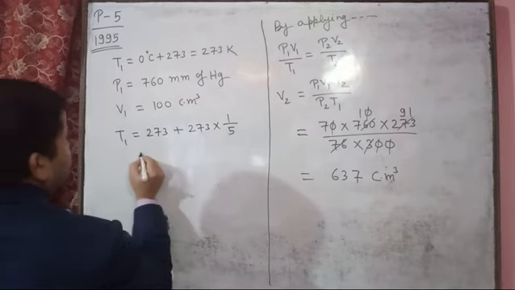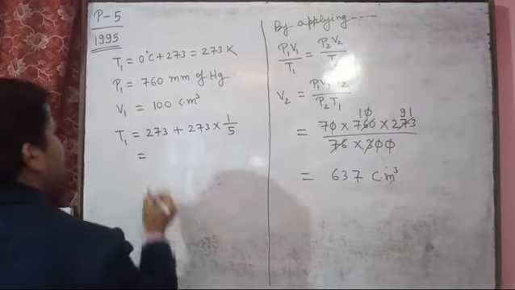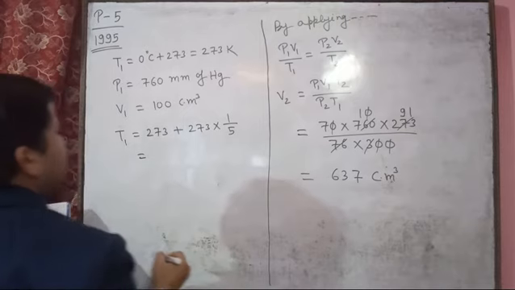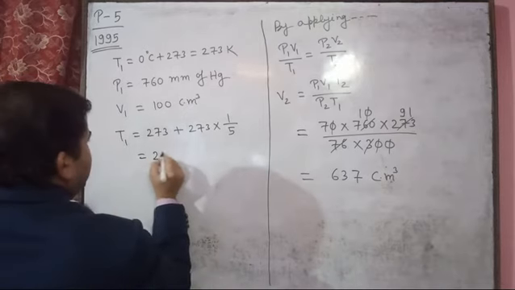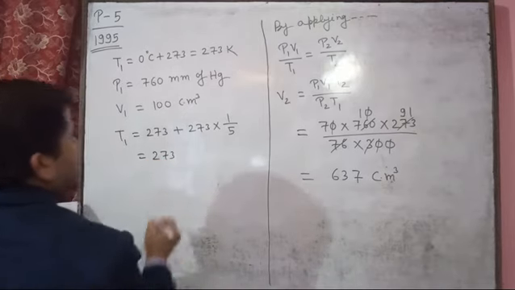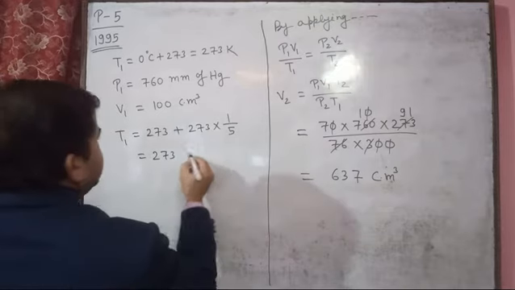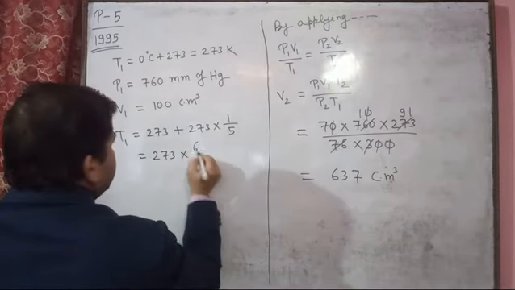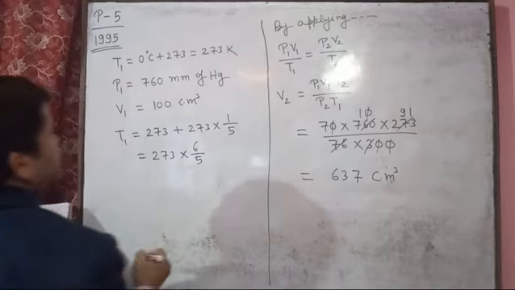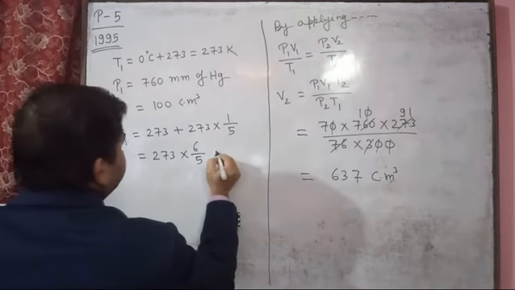Then we will take the common factor, so we will get 273 into 6 by 5 Kelvin.